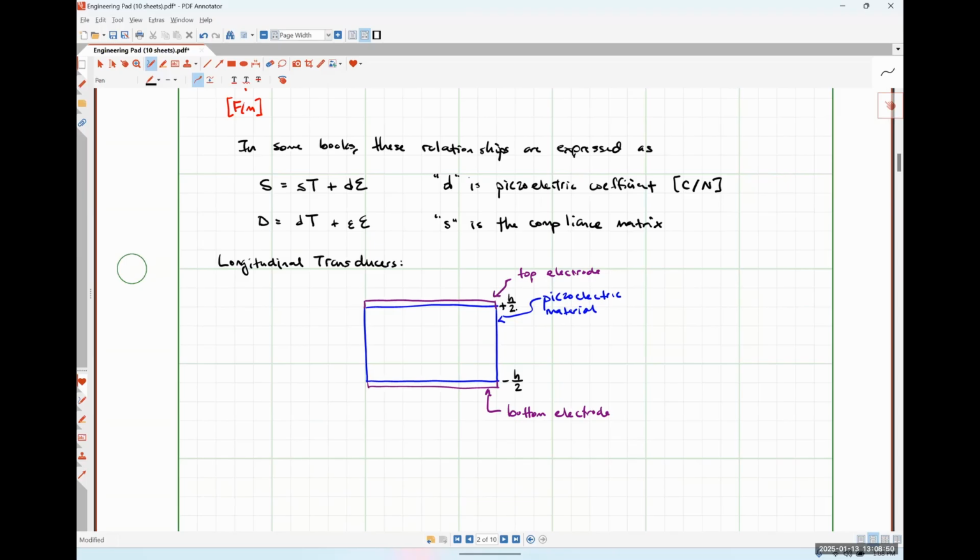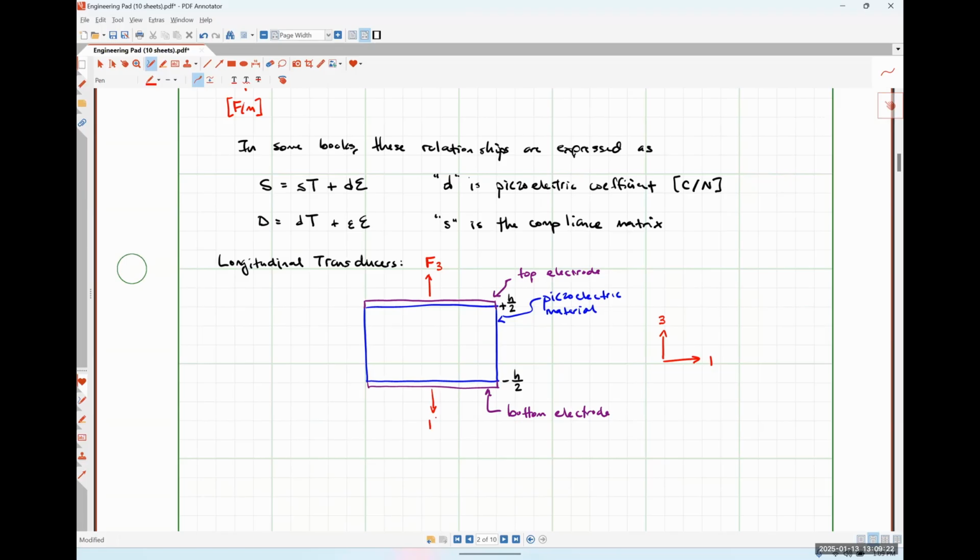Okay. So if I were to apply some force, I'm going to call this F3 because this will be my 3 direction and this will be my 1 direction. These directions are given numbers to go along with the piezoelectric coefficients we're going to see. So that's why I'm not specifically calling one X, Y, or Z.